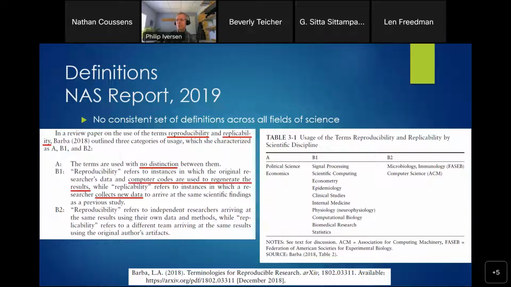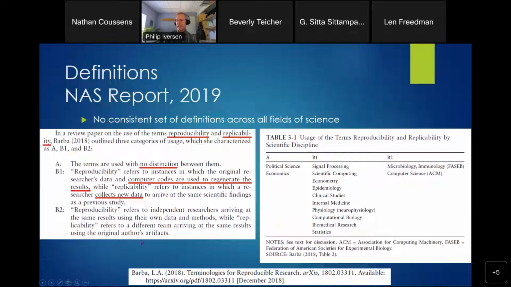The set of definitions in B1, reproducibility refers to computer codes used to regenerate the results, is what reproducibility is about, whereas replicability refers more to experimental replicability or reproducibility, where a researcher is collecting new data to try to reproduce those same or similar findings. And this paper found the use of those definitions across a wider range of fields of study, as you can see in the list on the right, and closer to the kinds of things you're involved in, I think.